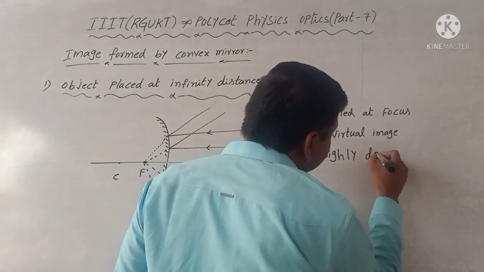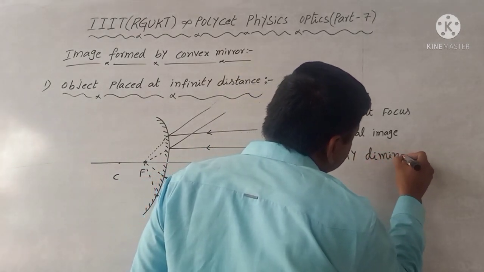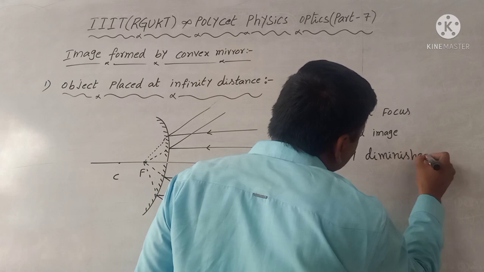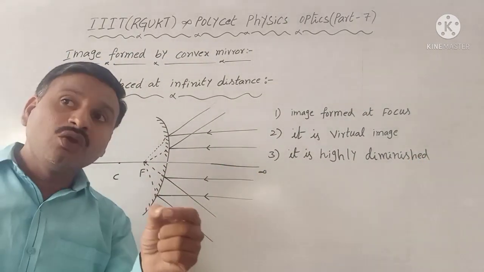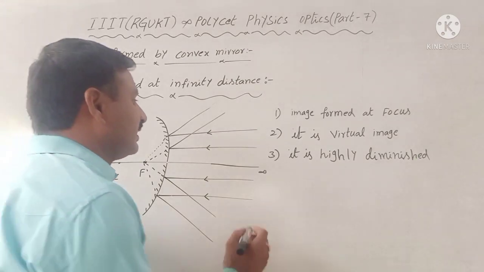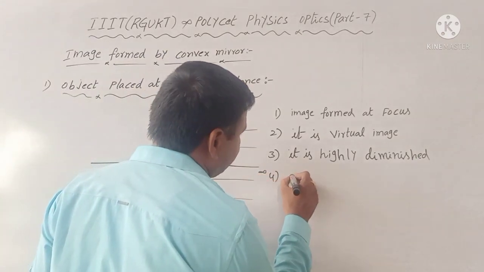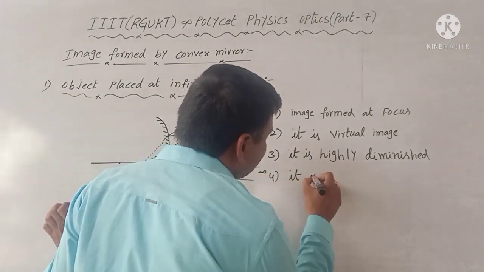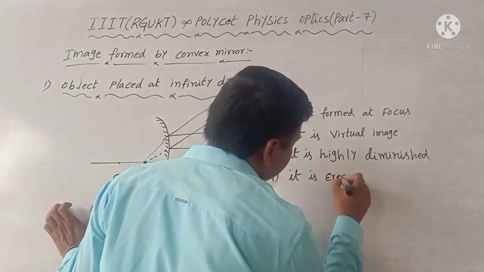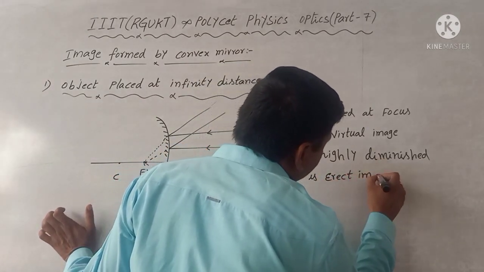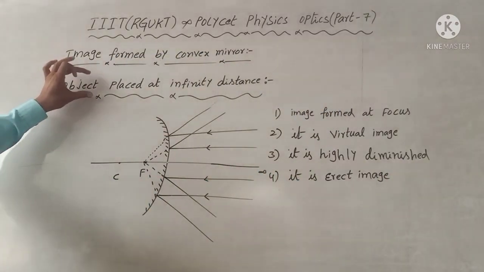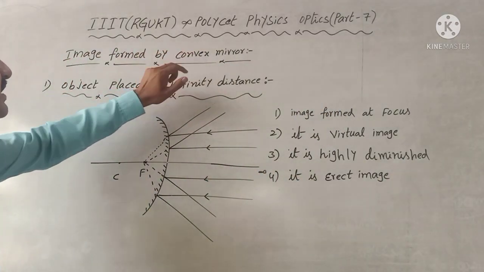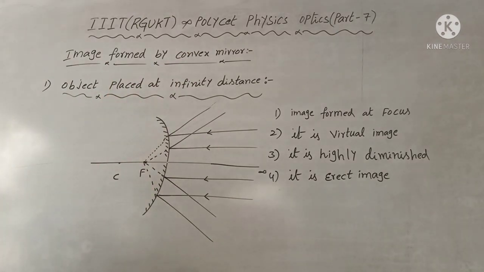Highly diminished means it looks like a dot. Next, it is an erect image. So that is the image when the object is placed at infinity with a convex mirror.